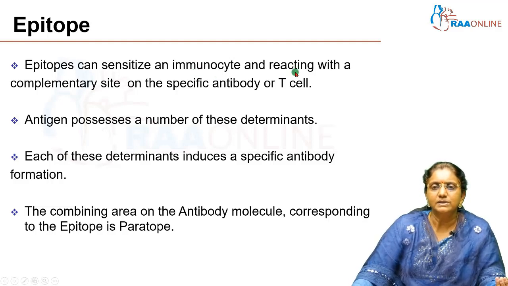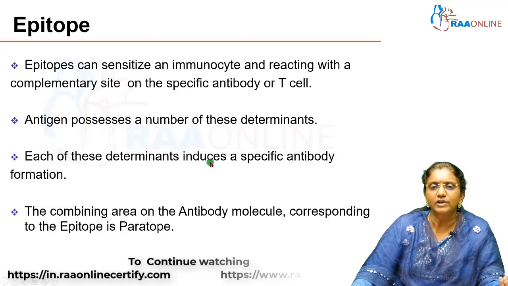On its site there is an antibody binding site, and this can react with the complementary area present on the specific antibody or the T cell. In one antigen there will be many of these determinants, and each determinant or epitope will induce a specific antibody formation, and the combining area on the antibody corresponding to this epitope is known as a paratope.